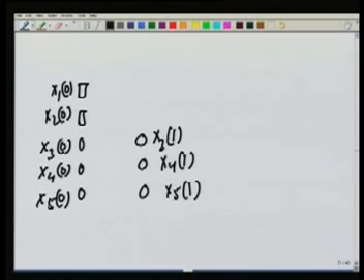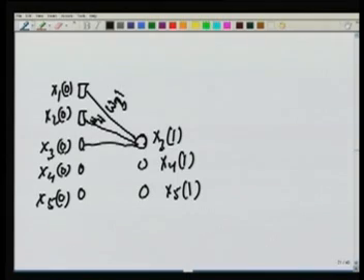So, how do I compute x3 1? x1 0, W31 is the weight connecting x1 0, from x2 0, this is W21, x3 0 W31, x4 0 W41, x5 0 W51.